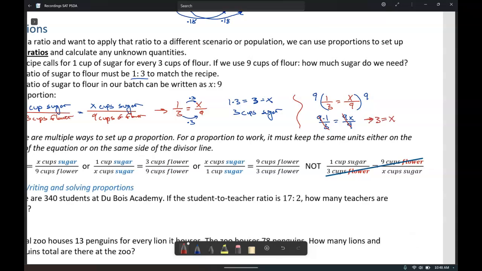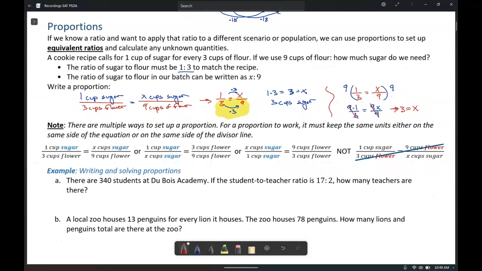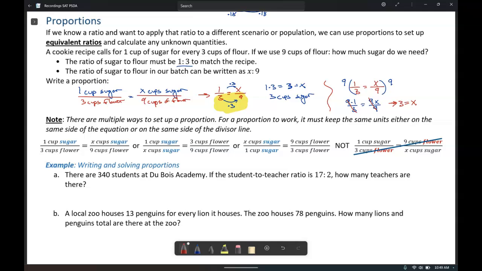Okay? Now this is a more complex way when we have such a simple fraction comparison here, but the idea holds true even if we can't find a nice easy multiplicative relationship from one fraction to the other. Sometimes we'll have decimal values, and this is the process we would use to solve. Now, there are multiple ways to set up a proportion. In order for it to work, the most important thing is that the same units need to either be on the same side of the equation or the same side of the divisor line.